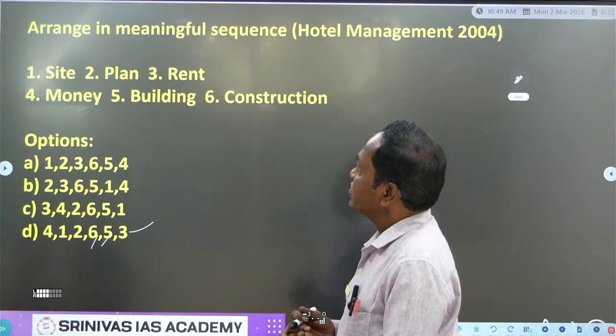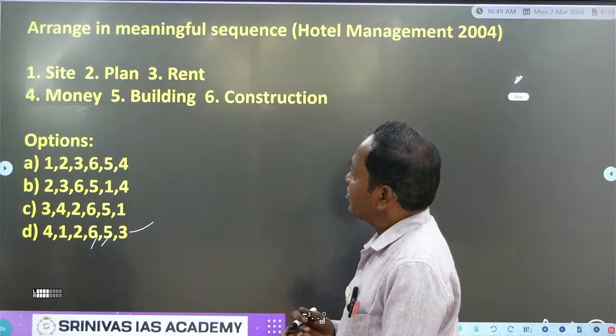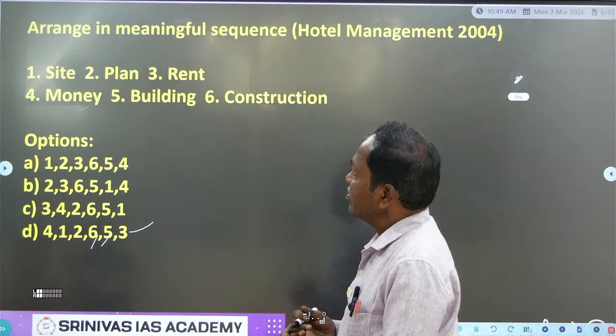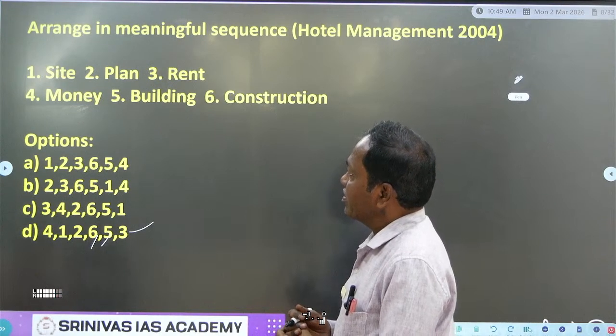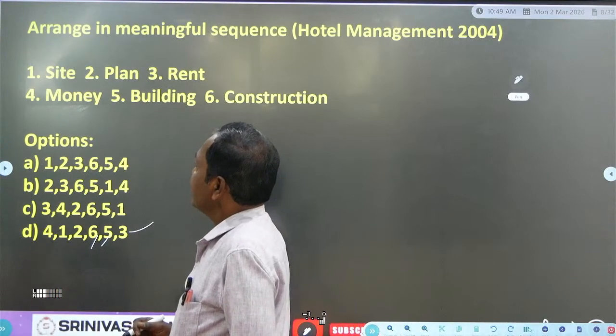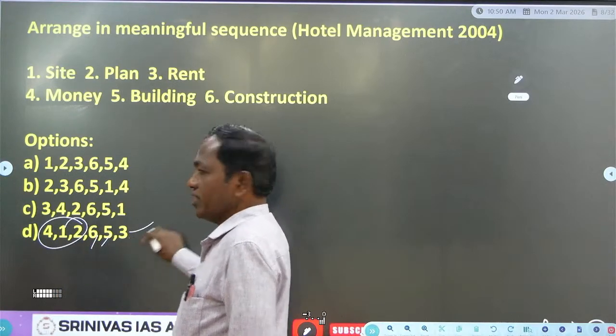For construction, you need money. And what is the plan? Site. Which one happened first? Money, then site, then plan. 4, 1, 2. Yes, it's like that.